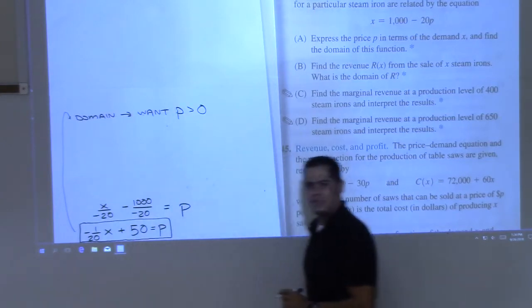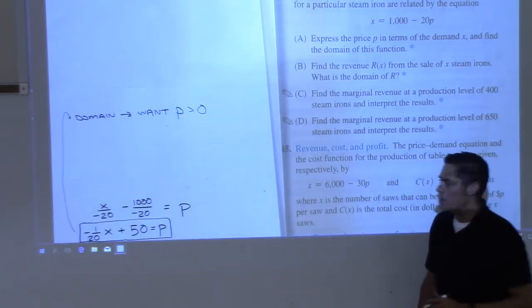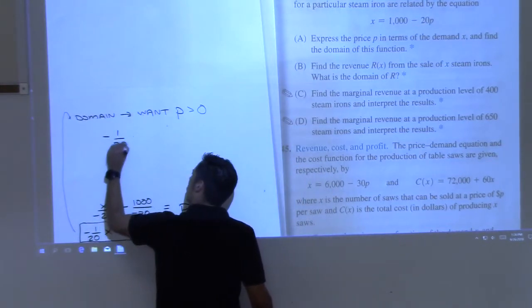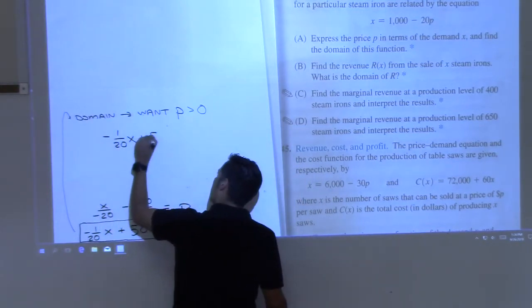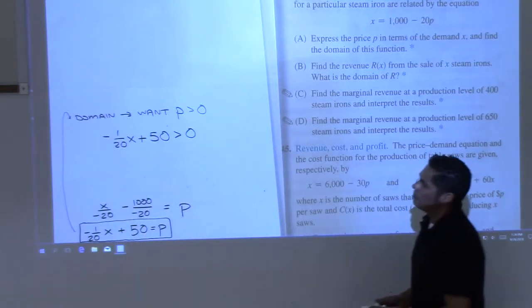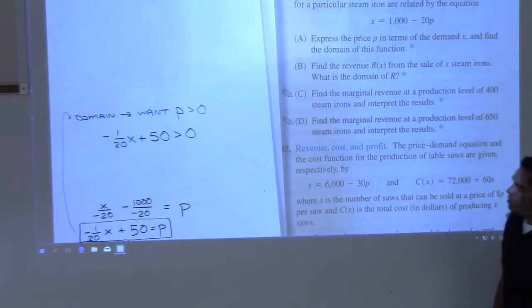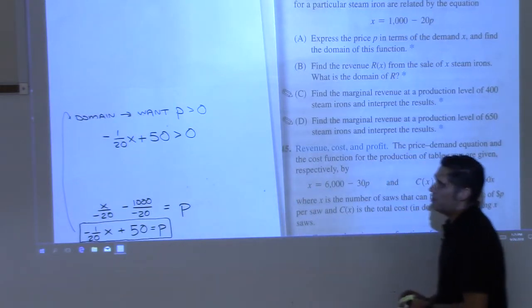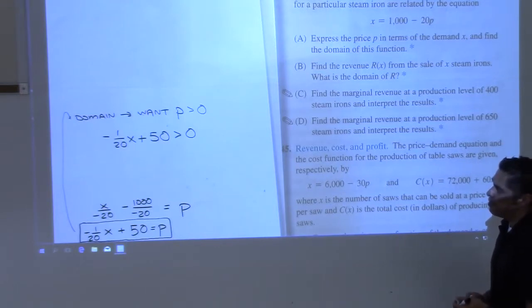That makes sense. So I'm going to take this equation, negative 1 over 20x plus 50, that's price, and I want it bigger than 0. How do we solve this inequality? This is, again, a 1324 concept. This is a linear inequality.